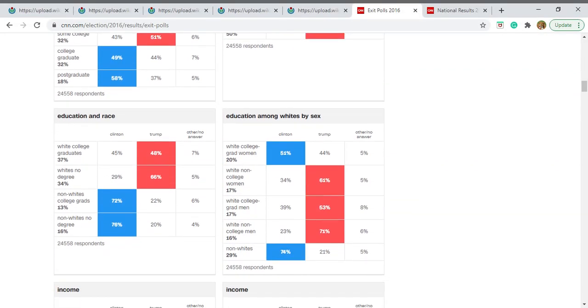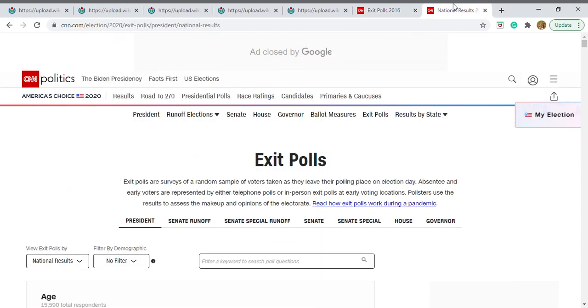So if we look at 2016, education and race, whites with no degree, they made up about 34%, about a third of the total electorate, and they voted for Trump 66 to 29. And I can tell you for sure that this was a smaller margin for the Republican back in 2012.